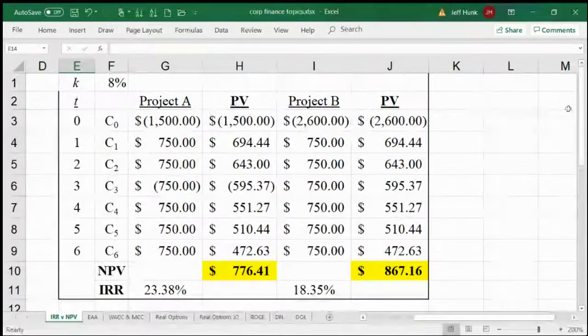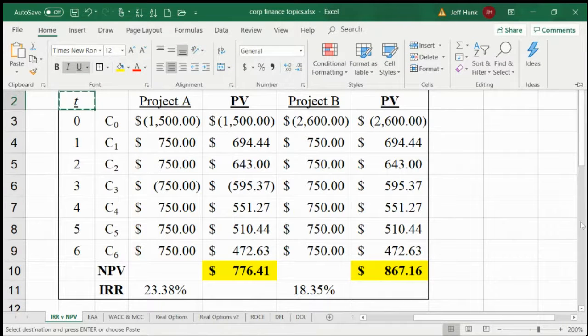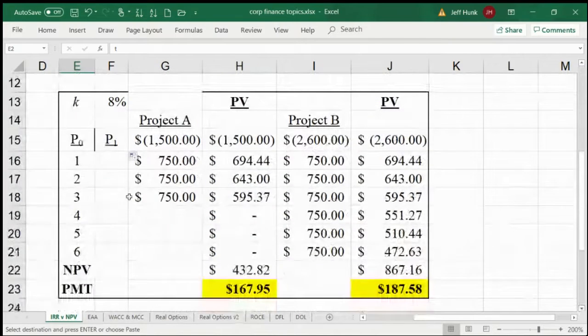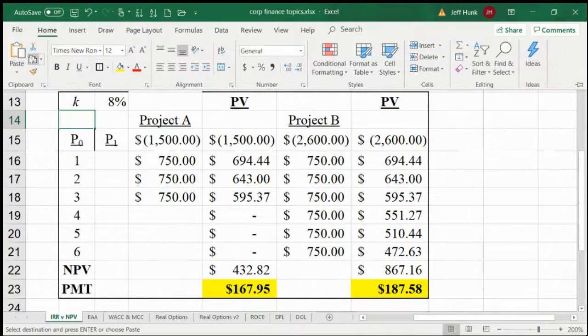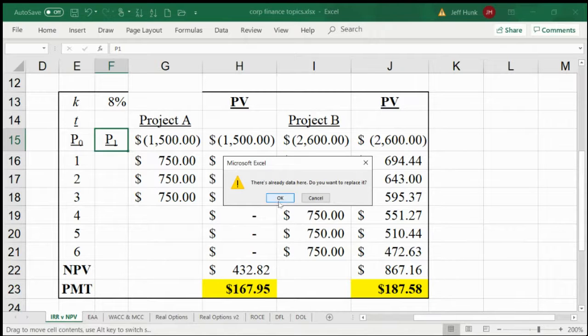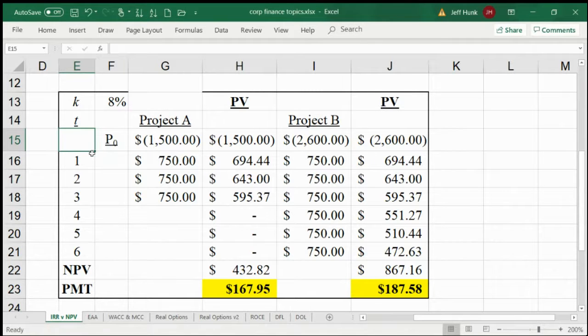So let me move that there and give 0 there, and then say 0, right?